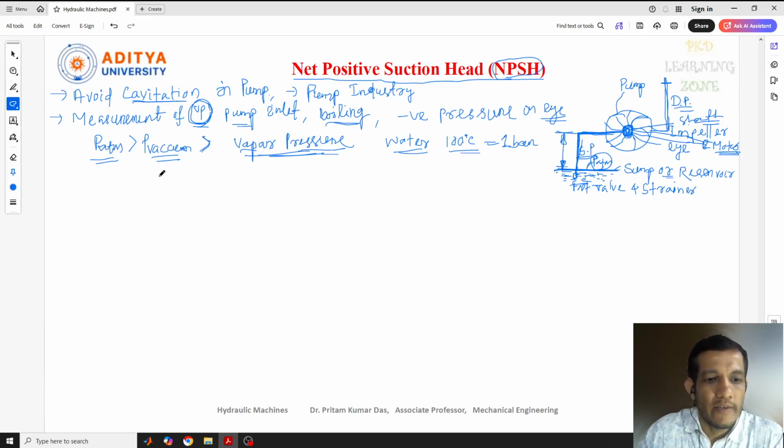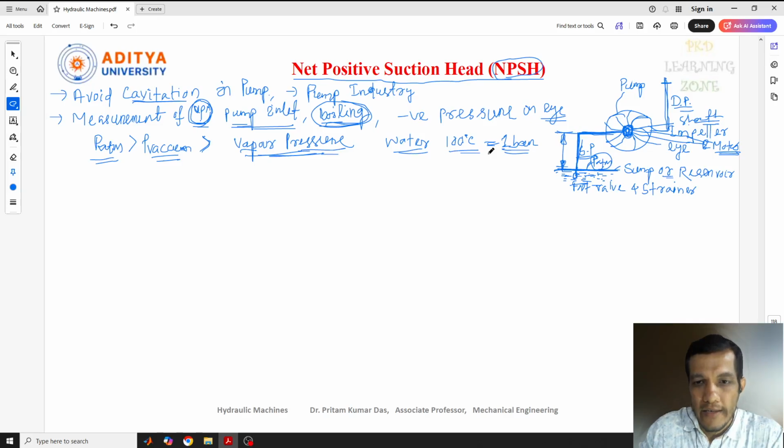So the NPSH, what I told you, is the measurement of pressure of the liquid at the pump inlet, to keep the liquid from boiling. We know that water will start boiling at 100 degrees centigrade, but at that point we have a pressure of 1 bar.